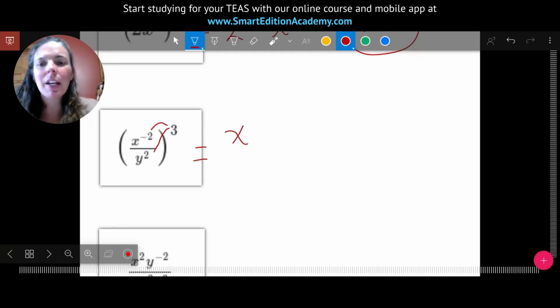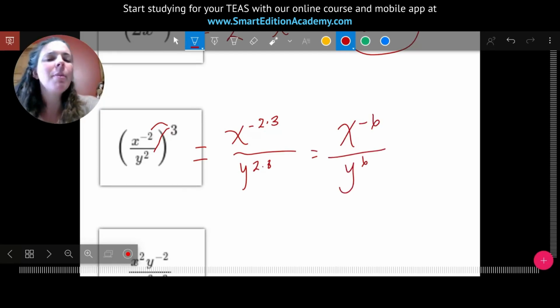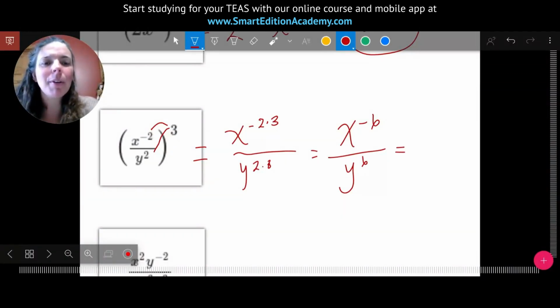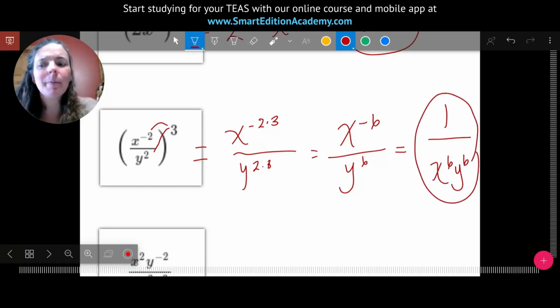So x to the negative 2 times 3. My rule is you multiply them, over y to the 2 times 3. So this is really just x to the negative 6th over y to the 6th. Now remember, we really don't like negative exponents in math, so we want to push it to the bottom. So I would just have 1 over x to the 6th, y to the 6th as my final answer.